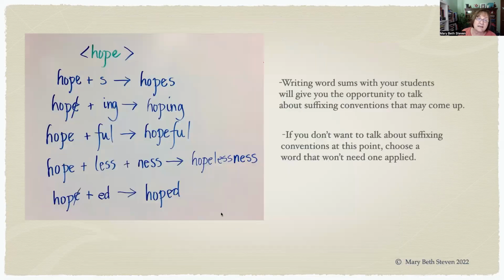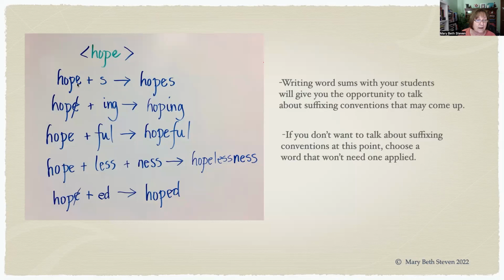Now, the next thing is to talk about writing the word sums. So in the last example, we kind of did that out loud as we went through and I was filling in the matrix. But now next, it's that opportunity to sit down and write them out. So say my base is HOPE, and I'm writing these word sums. The first one, I would read it like this. HOPE plus S is rewritten as, check the joins.